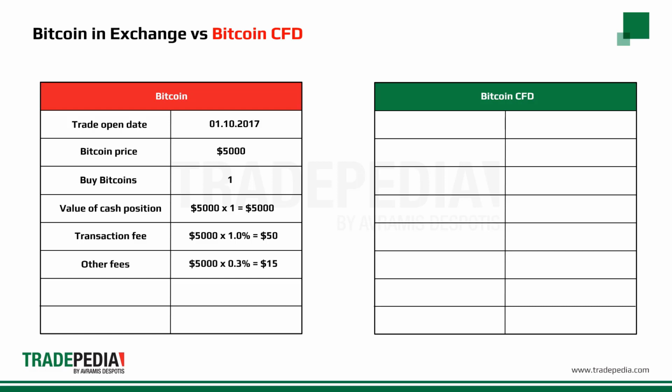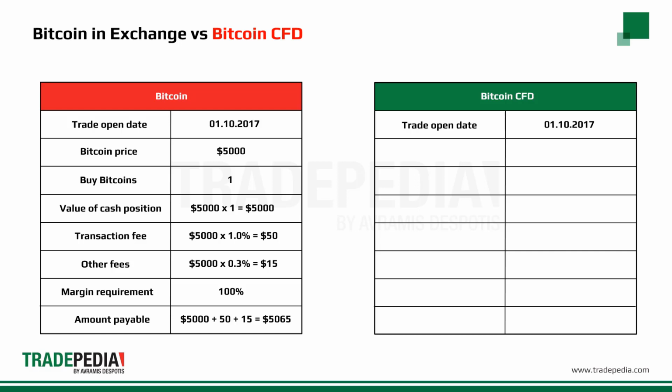With a 0.3% deposit and other fees, we would be charged 5,000 times 0.3%, which equals $15. Since no leverage is provided, the margin requirement is 100%. So total payable amount is $5,000 plus $50 plus $15, which equals $5,065.